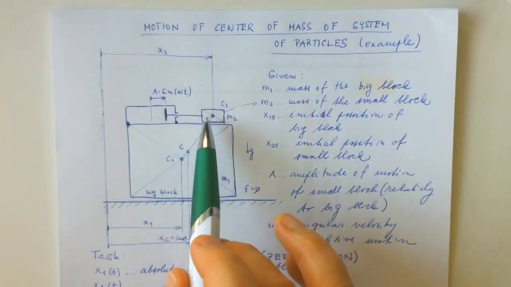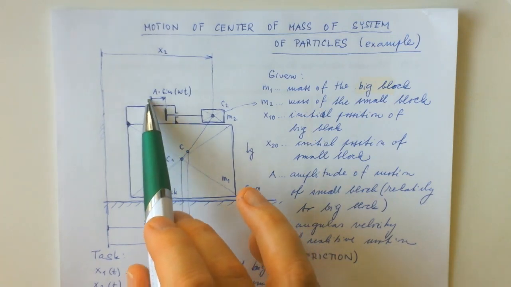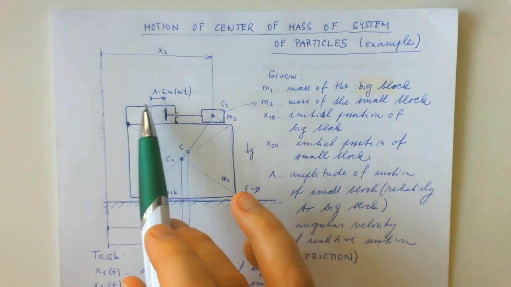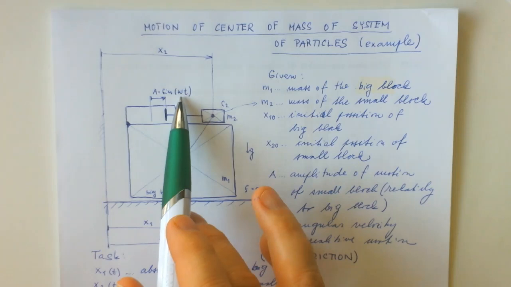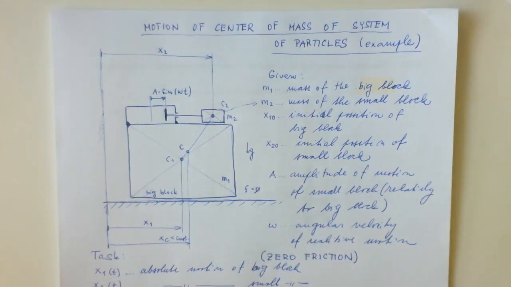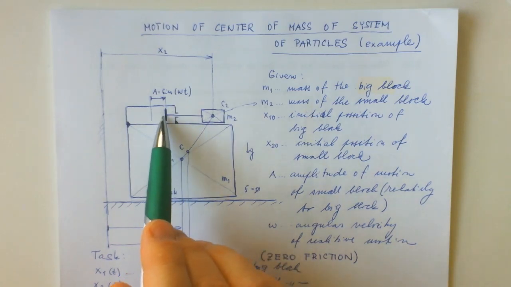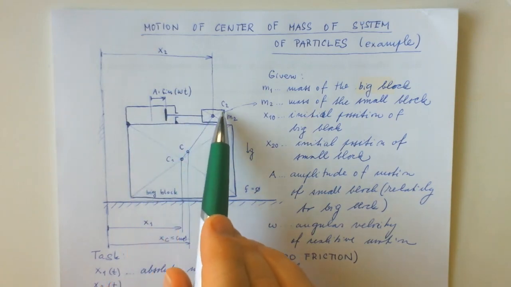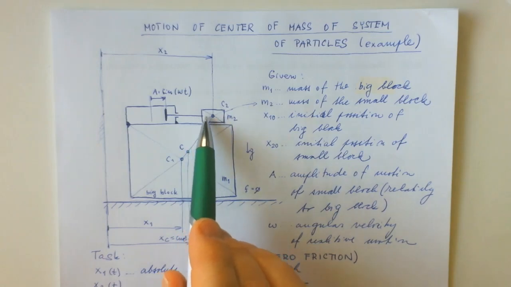This small block is moving in the same way as the piston, by sinus omega t, where omega is the angular velocity of circular motion, so it's a periodic motion with angular velocity omega. So it oscillates like this, and therefore the small block is oscillating in the same way. Okay?